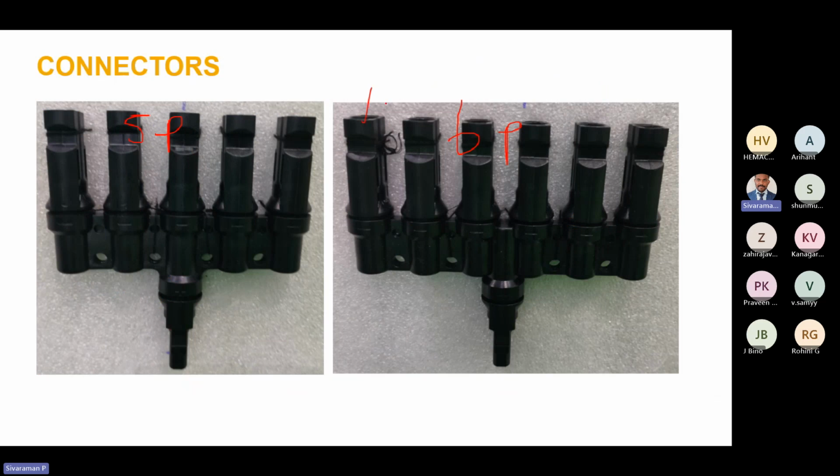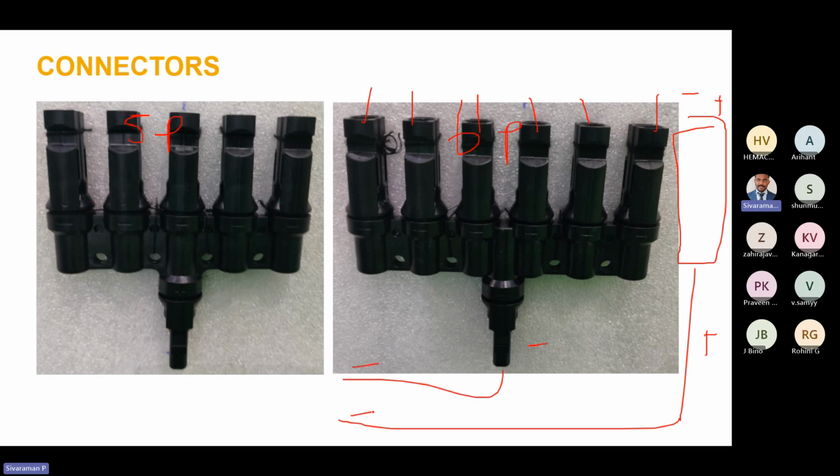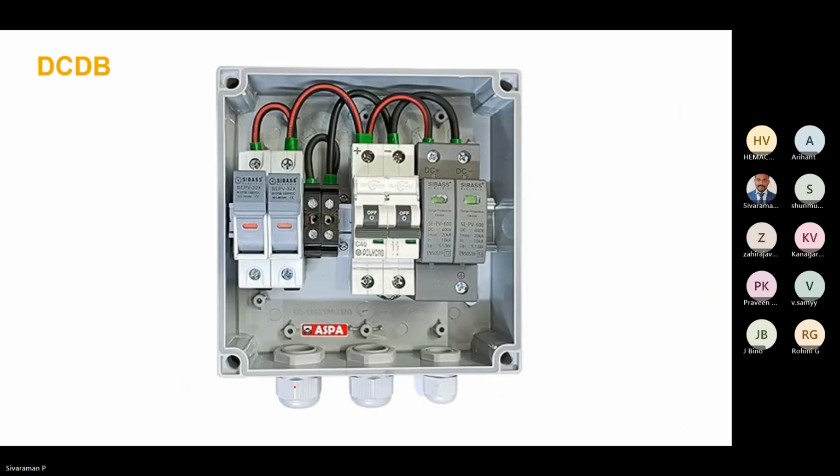The six panel negatives will come here. Similarly, one more Y connector will be there, so here all the positives will come. This will be a common negative and this will be a common positive. This common negative and common positive will go to the DC-DB or inverter, whatever it is. Okay, so this is the typical DC-DB.